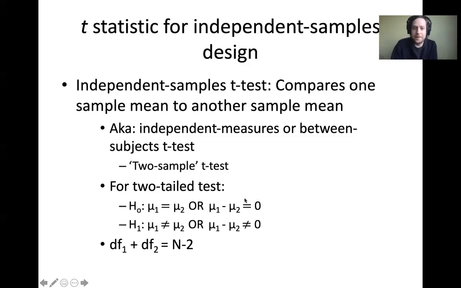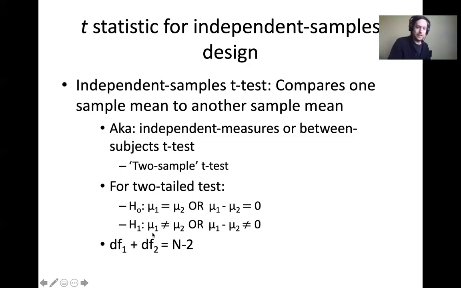This is the null hypothesis. If there's no treatment effect, if there's no difference between our means, that means the means are approximately the same number. And if you subtract two numbers that are approximately the same from each other, you're going to get a number which is close to 0. So the null hypothesis is mu1 minus mu2 equals 0, or mu1 equals mu2. These are mathematically identical. They're just algebraic manipulations.